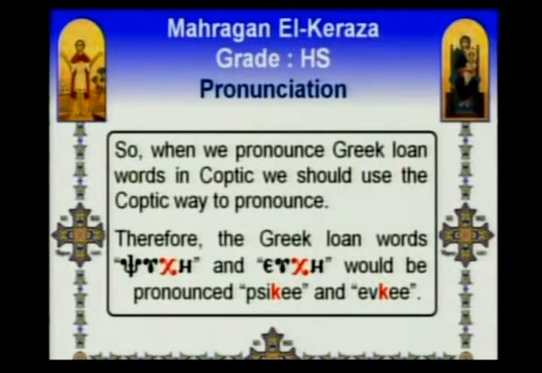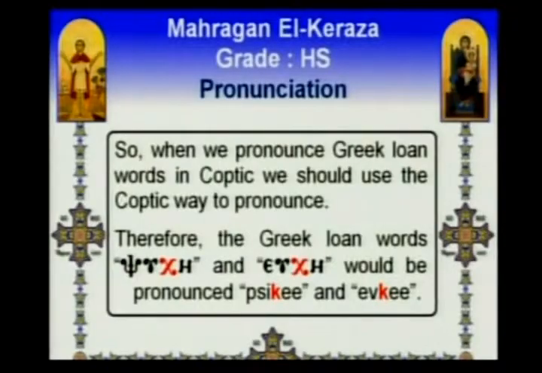For example, there are two words, psiki and evki. Now in Greek, they have different pronunciation, but we cannot say, well, we are going to pronounce it as sh or whatever.